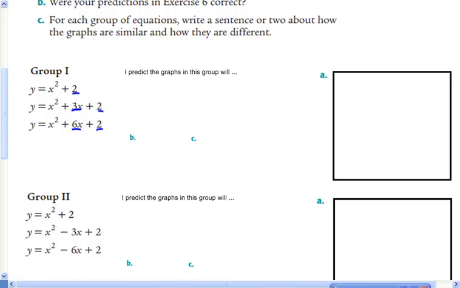You should realize that that is the y-intercept. So they should all have a y-intercept of (0, 2). And the other prediction we can make is, since all of them are 1x squared, they should all have approximately the same curve.